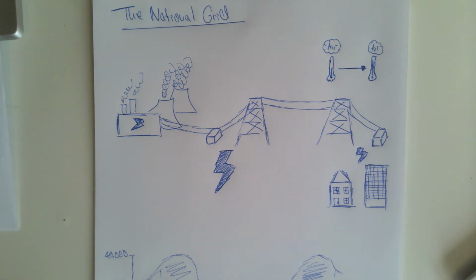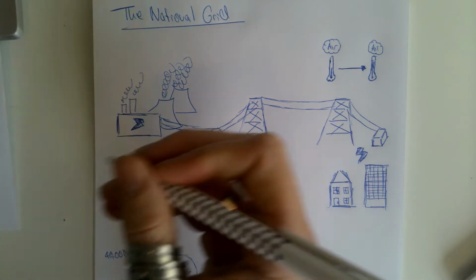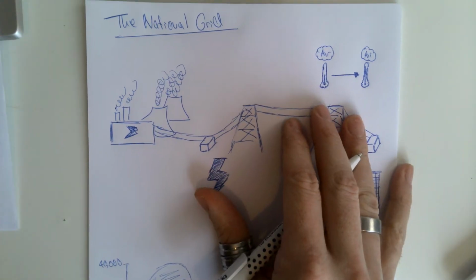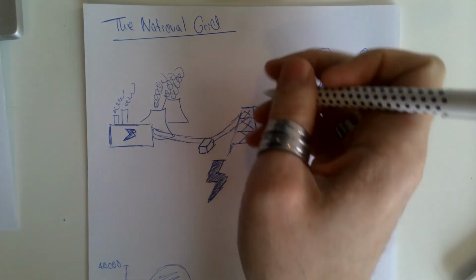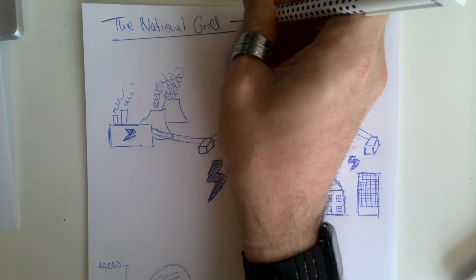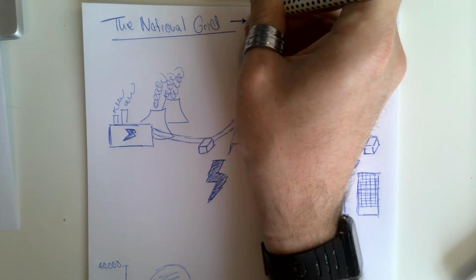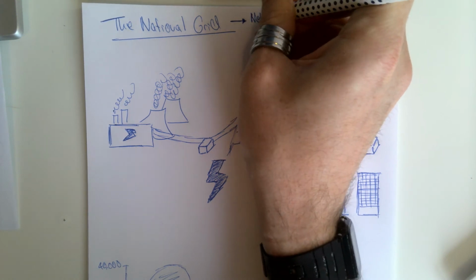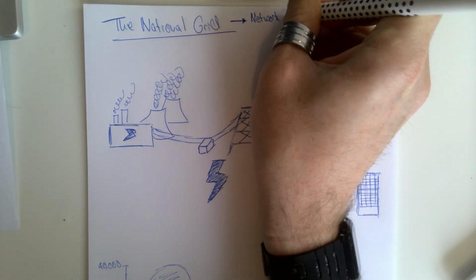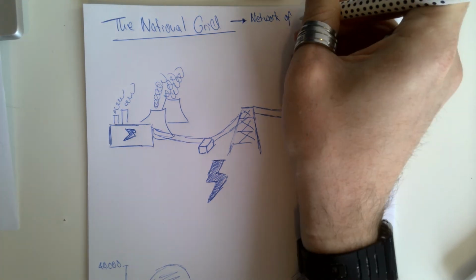And the power stations across the country are connected to our homes, where we consume electricity, by something called the national grid. So it's important before we do anything to make sure we define the national grid as being specifically the network of cables and transformers.